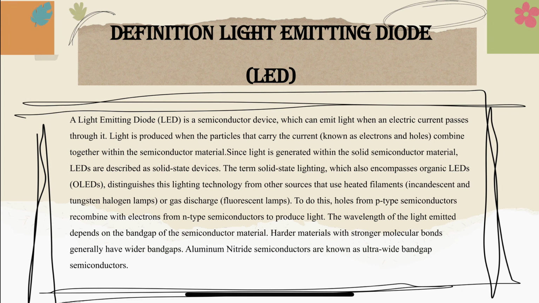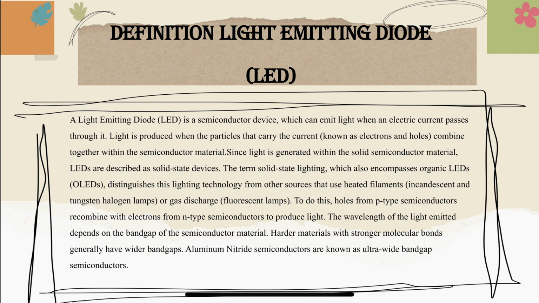The term solid-state lighting, which also encompasses organic LEDs, distinguishes this lighting technology from other sources that use heated filaments or gas discharge. To do this, holes from the p-type semiconductor recombine with electrons from the n-type semiconductor to produce light.